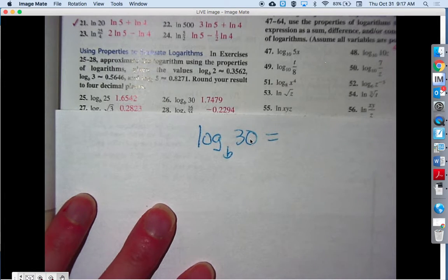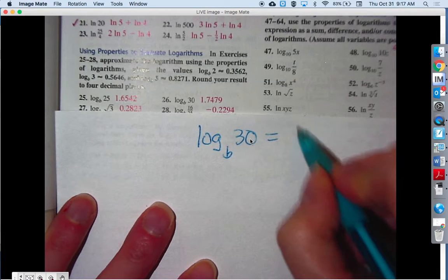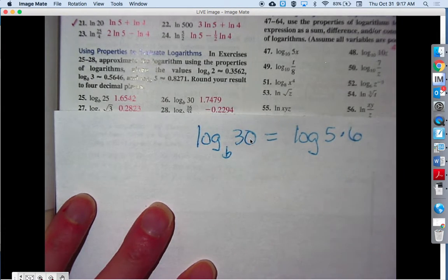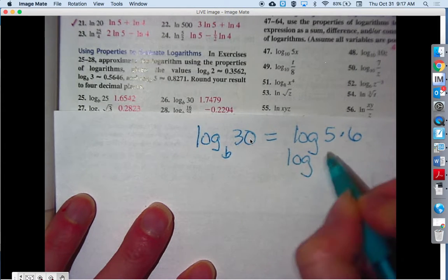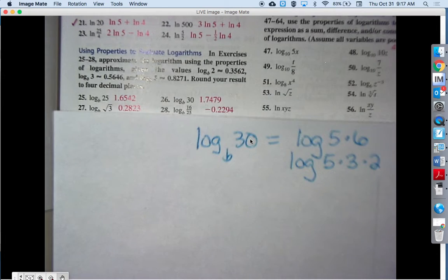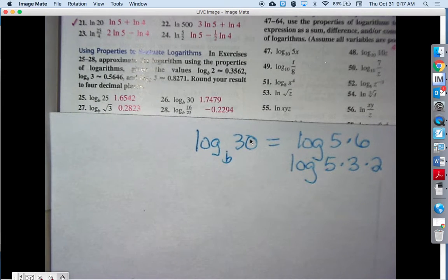What else could be 30? 3 times 5 times 2. So first I would say 5 times 6. And then he said 5 times 3 times 2. Why would I want to write it with 5 times 3 times 2, Colin? Because they give you the values for log. Yeah, they give you those values.